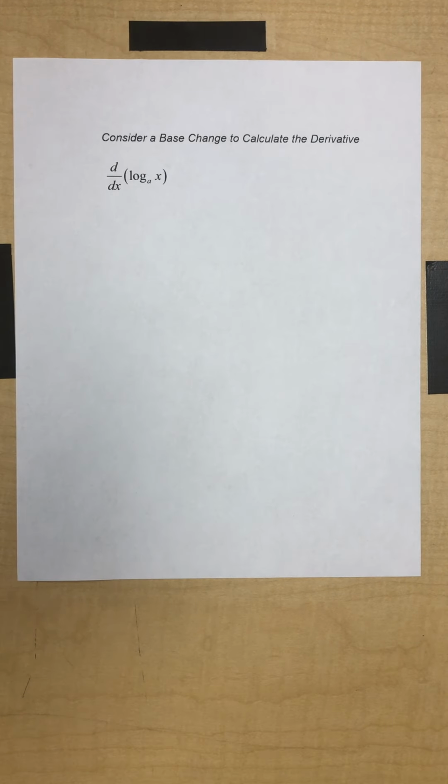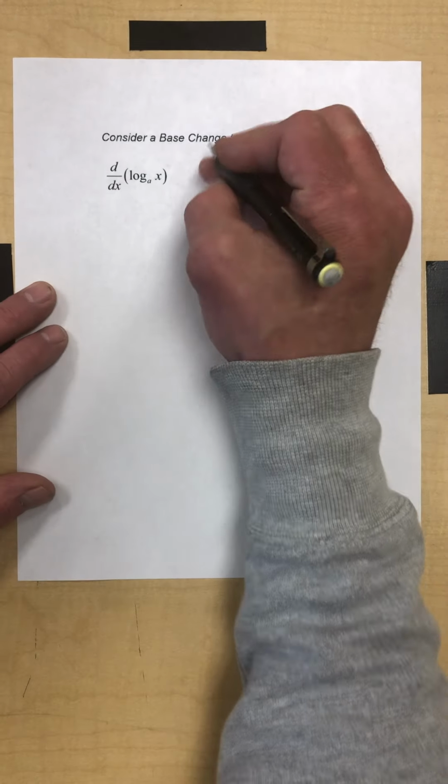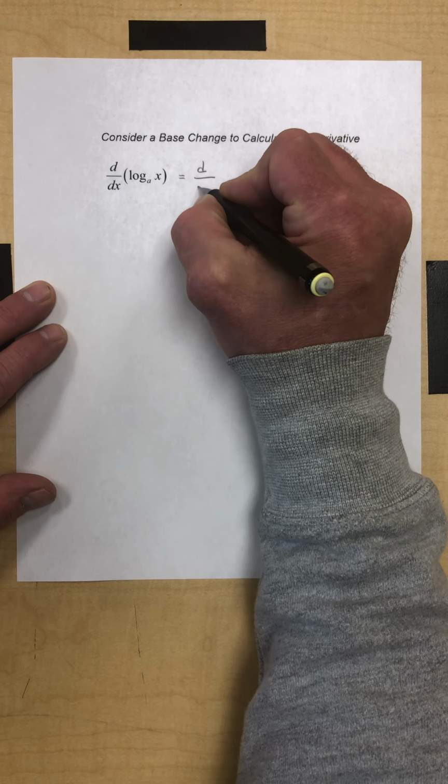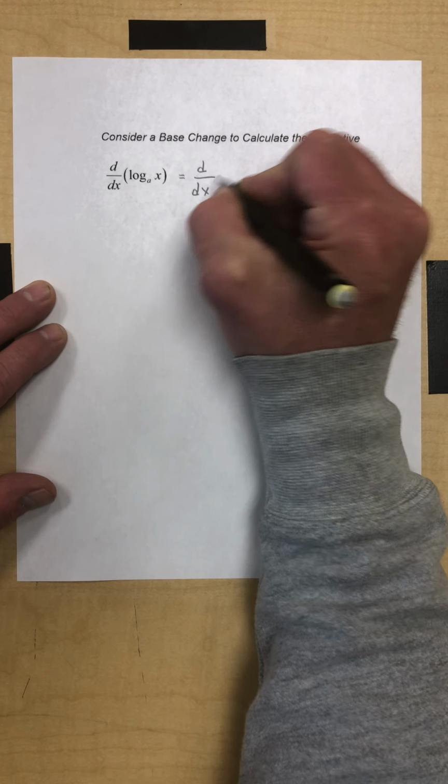And I left myself a little hint there, and we said, well, why not consider a base change, and go about our business. So, I have a habit, once again, of using the natural log.